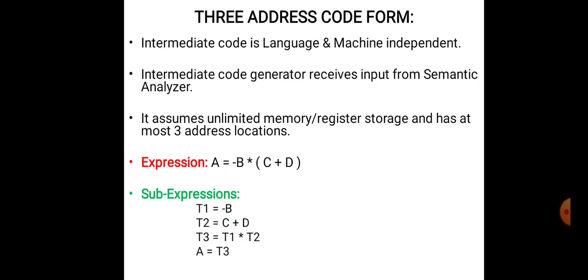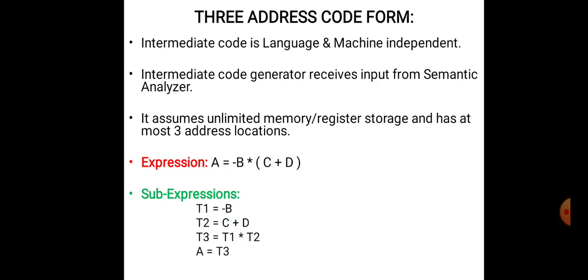Next we have T2 = C + D. This is the other half of the right hand expression, C + D, which was in parentheses. I took that sub expression and assigned it to another resultant variable, T2. Then my job is to multiply T1 and T2, and the result is assigned to another resultant variable T3.